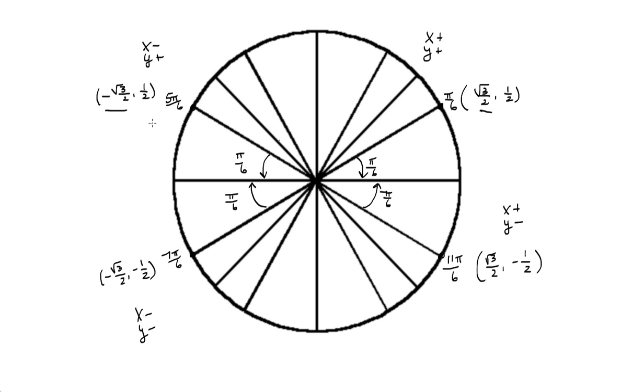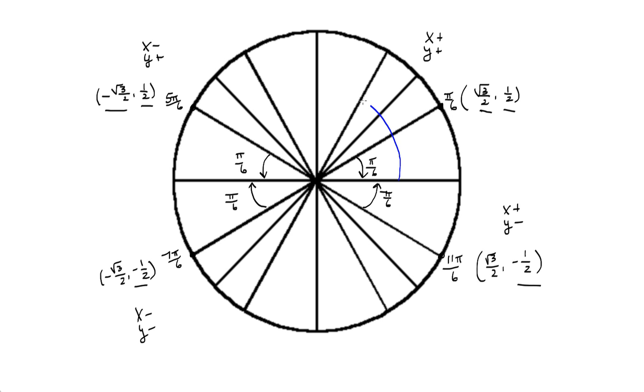Same magnitude, just different signs. The sine of each is a half. The sine of all four of these is a half with sign changes, and so on. And that can be true of any pair of angles that have the same reference angle.